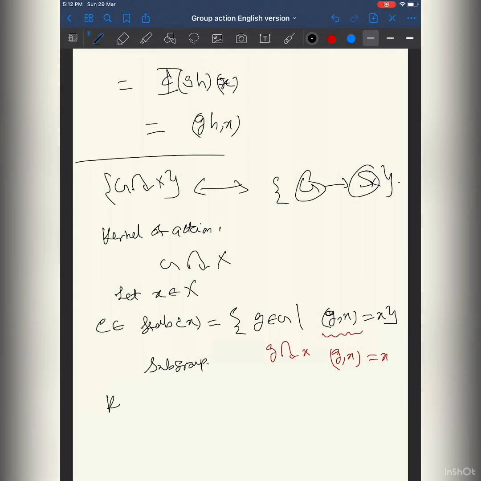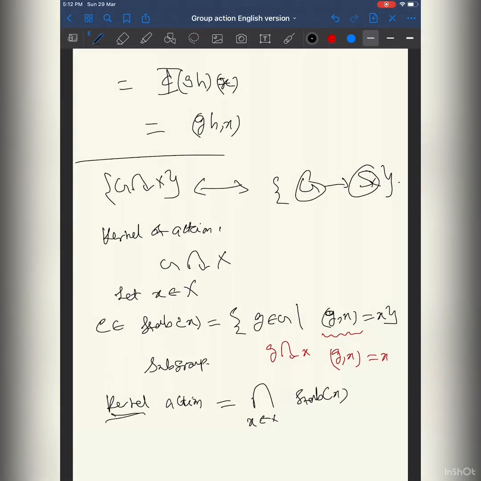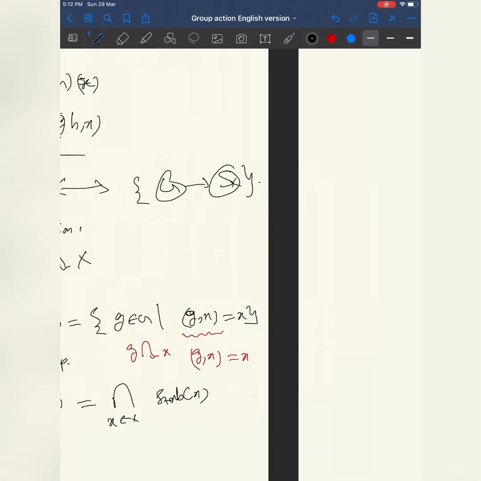In fact, the kernel of action I am going to define as the intersection of all stabilizers. This is indeed a normal subgroup. To prove that, we use this. The word I wanted to justify is why there is a kernel. Indeed, we are going to prove this is a normal subgroup.